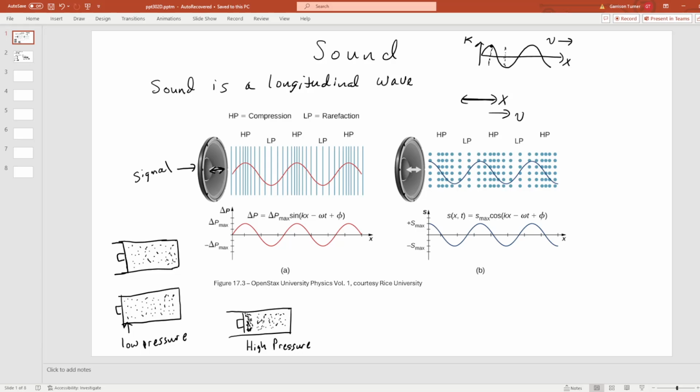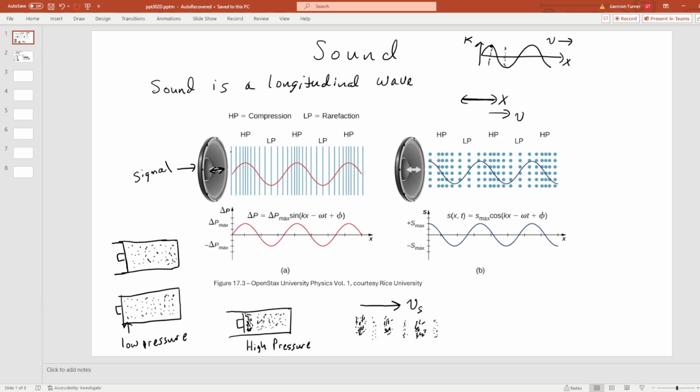And if this process just continues at a constant rate, you're just pulling the plunger back and pushing it forward, then you get these regions of high compression of your air molecules, and then low compression, and then high compression, and low compression, and so on. And this pattern moves through the medium with some speed v, and in this case that would be the speed of sound.